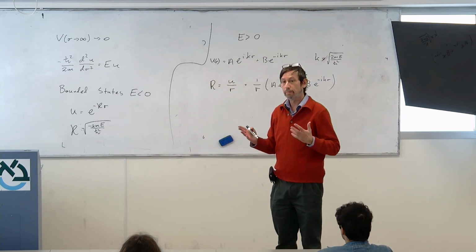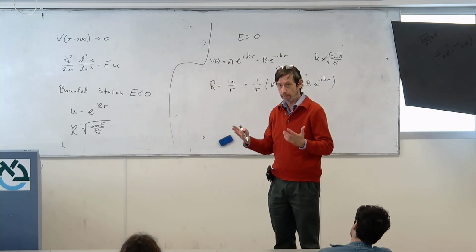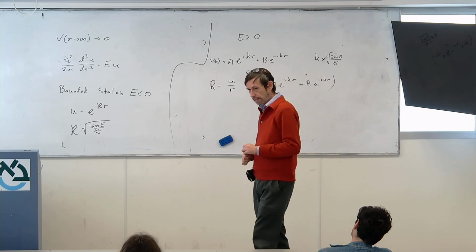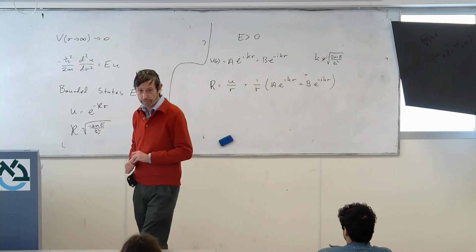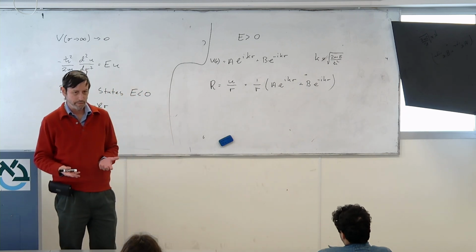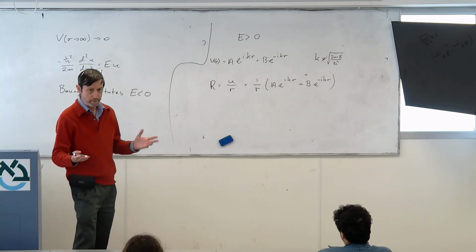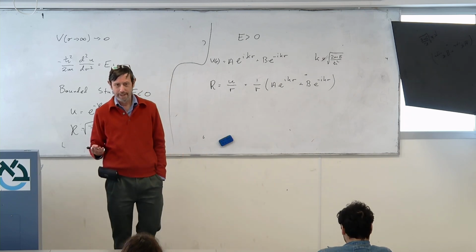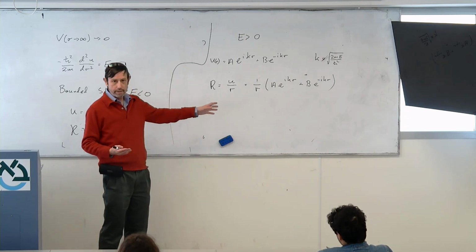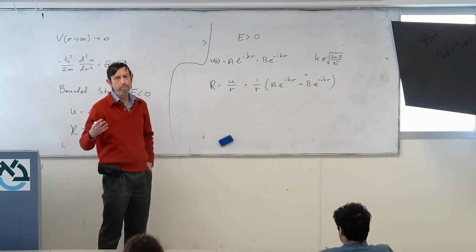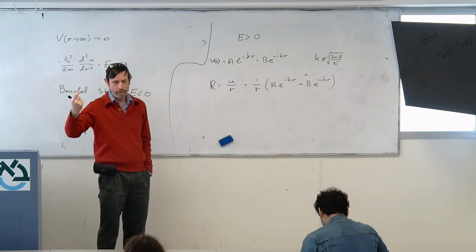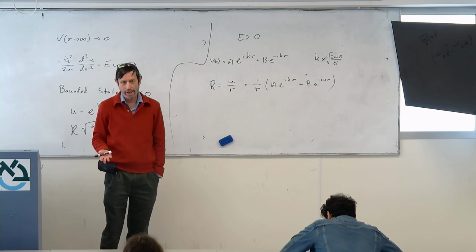These details depend on the particular form of V. And what we'll do in the next lecture is solve it for the hydrogen atom, for the particular Coulomb potential 1 over r. Everything that I did till now for weak potentials, meaning potentials that don't behave as strongly as 1 over r squared, is correct for any form.